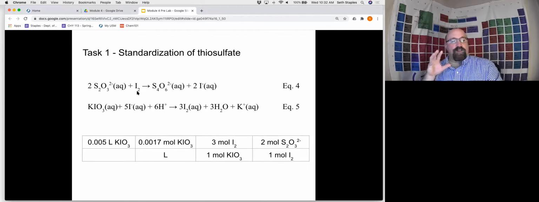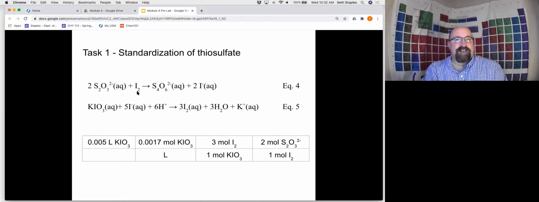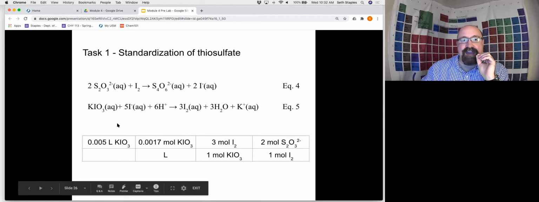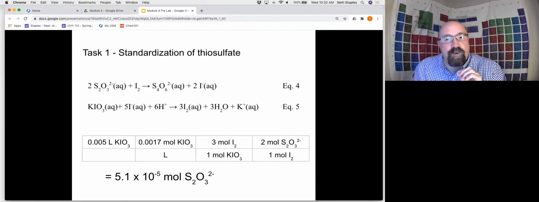This tells us that when you are performing your titration, when you have your S2O3 dripping down through your burette into your flask, you had to have used at the end point of this reaction, when the reaction is over, based on the amount of KIO3 that we started with, you know that you have to use 5.1 times 10 to the negative 5th moles of the thiosulfate.